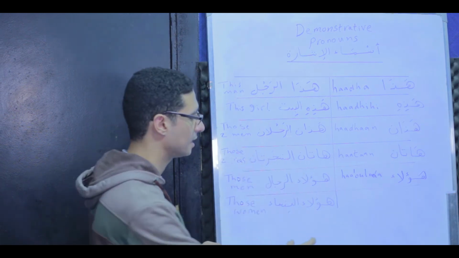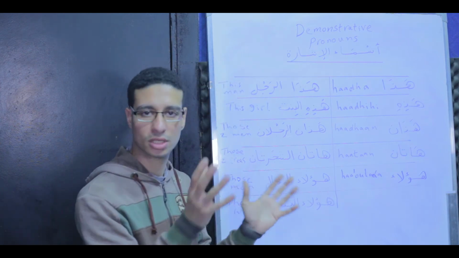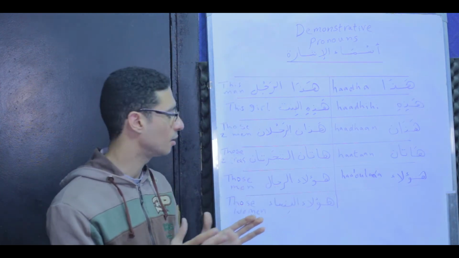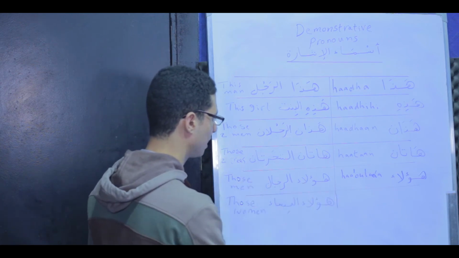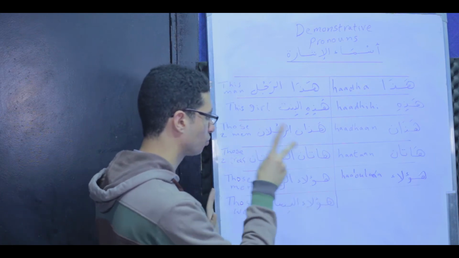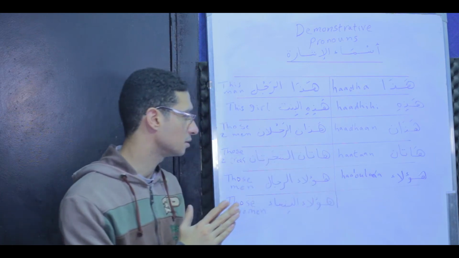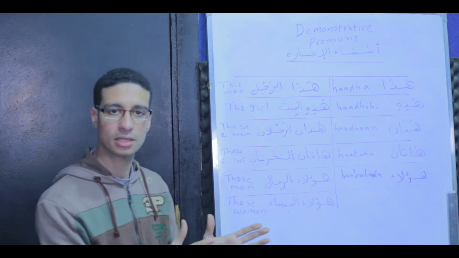The last one is هؤلاء. This is used to point at plural things or persons. So here, هؤلاء الرجال, هؤلاء النساء. It doesn't matter if you're pointing at a group of feminine or masculine things.